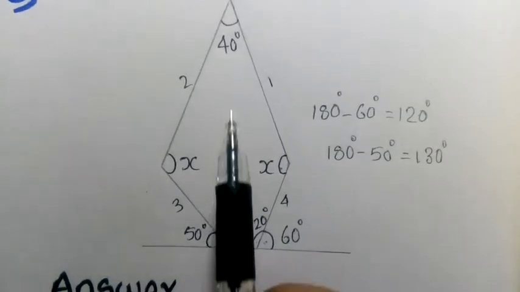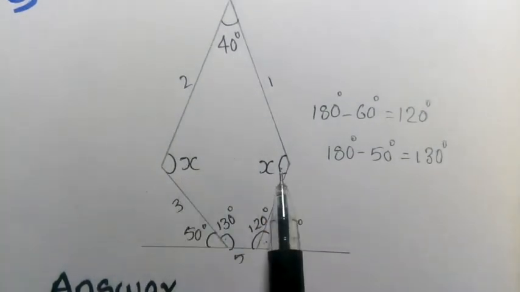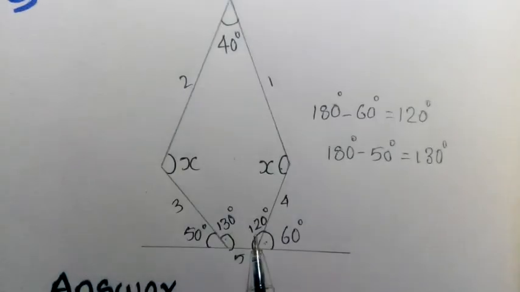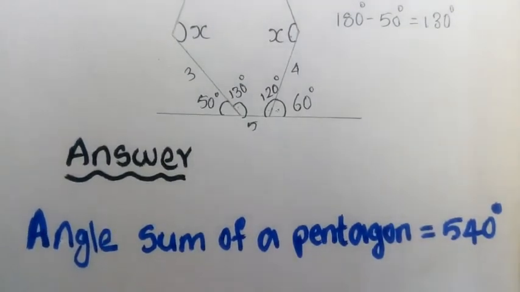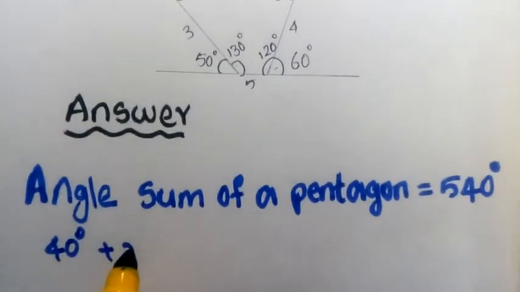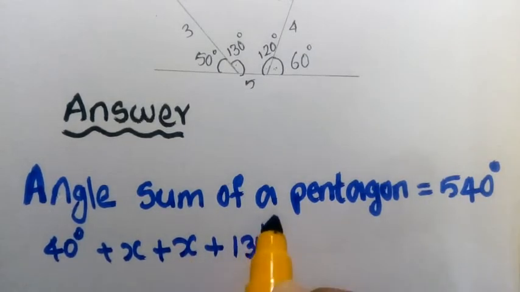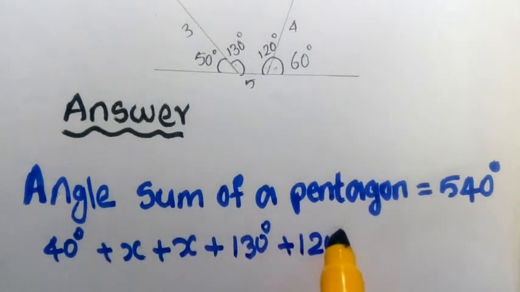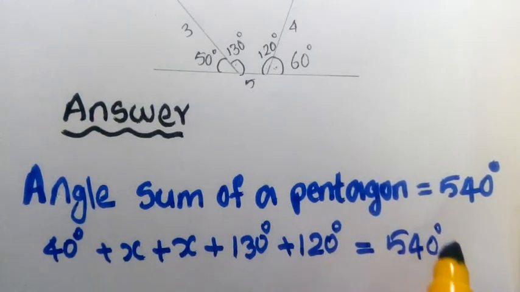So, 40 degree plus x plus x plus 130 degree plus 120 degree is equal to 540 degree.